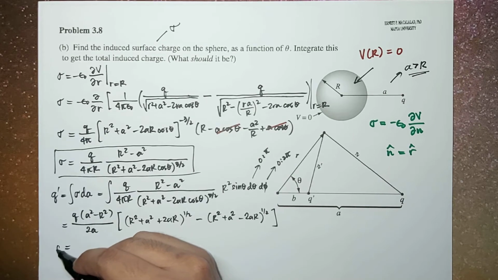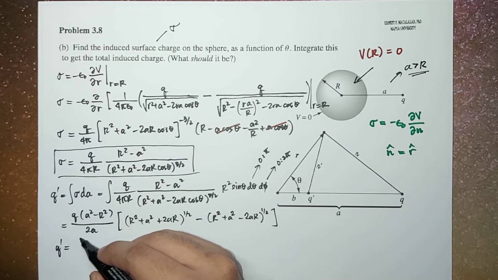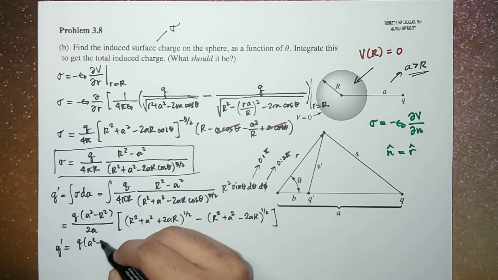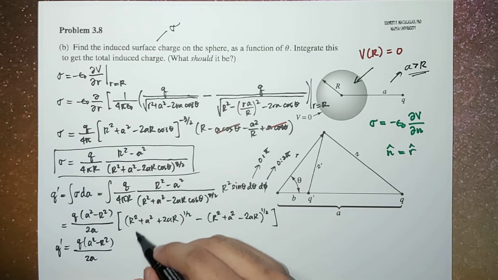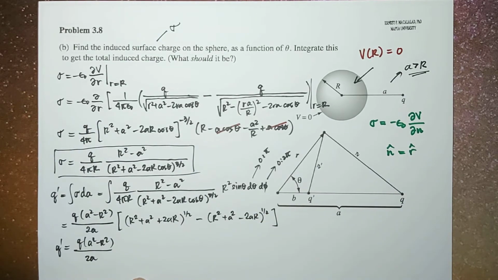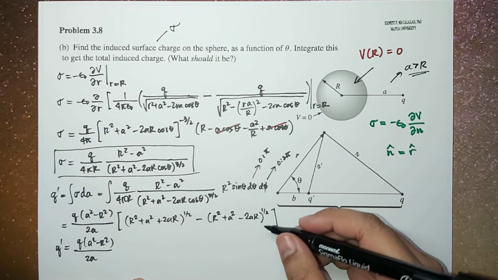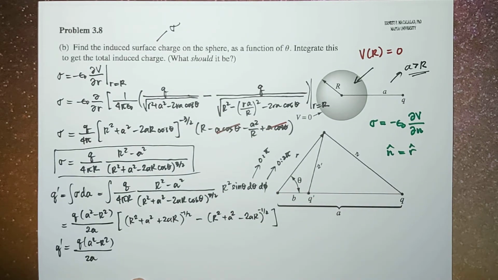So this charge will just be equal to q times a squared minus R squared divided by 2a times, sorry, this should be to the negative 1/2.